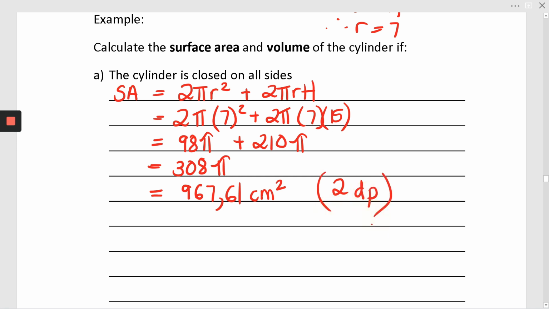Okay. What about the volume? The volume is going to be pi r squared times h. So that's going to be pi times 7 squared times the 15, which gives us 735 pi.